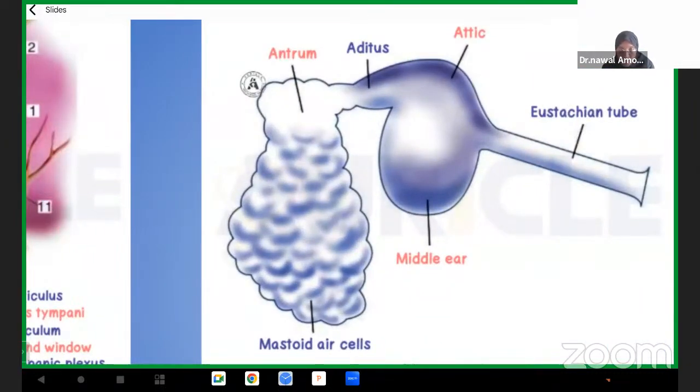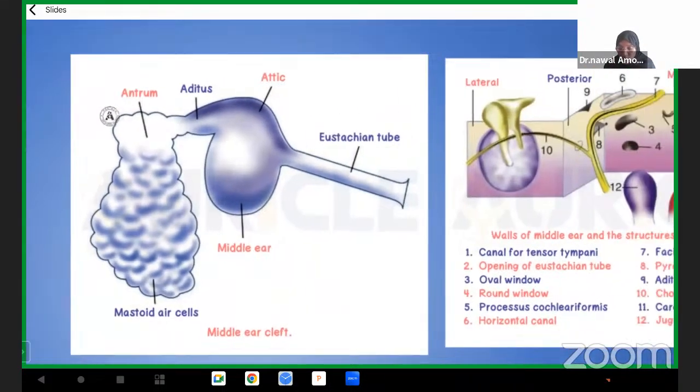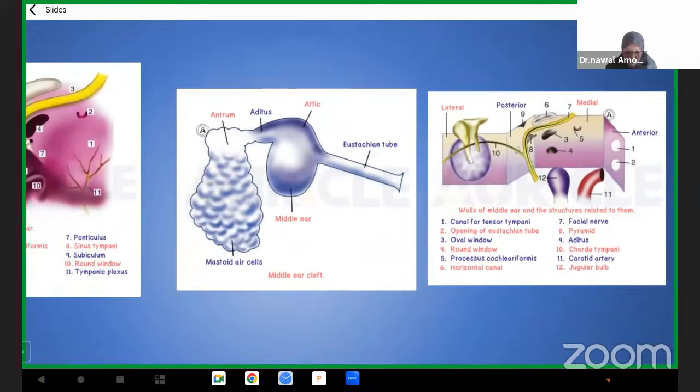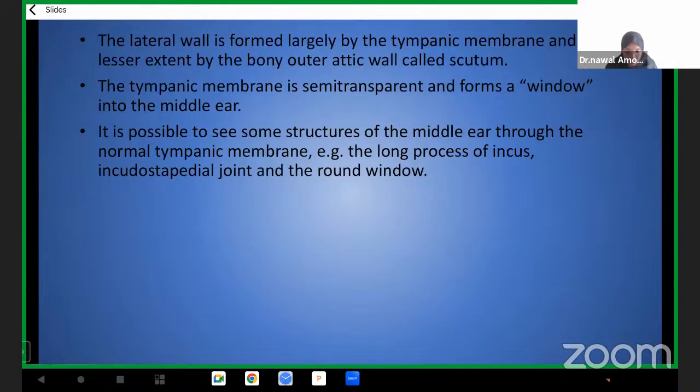So the posterior wall communicates with the mastoid air cells, and the anterior wall gives an opening to the auditory tube, and the attic of the middle ear sits in the middle part between the anterior and posterior walls. I hope that's clear.